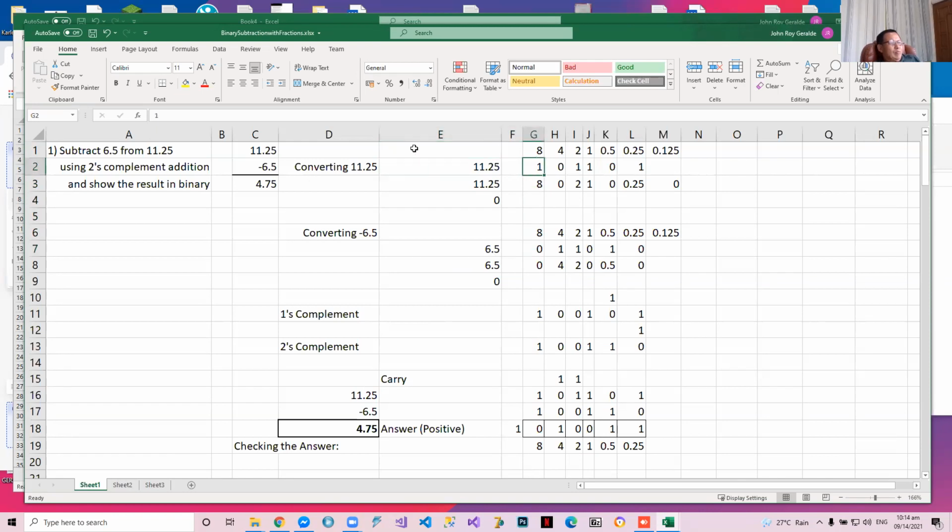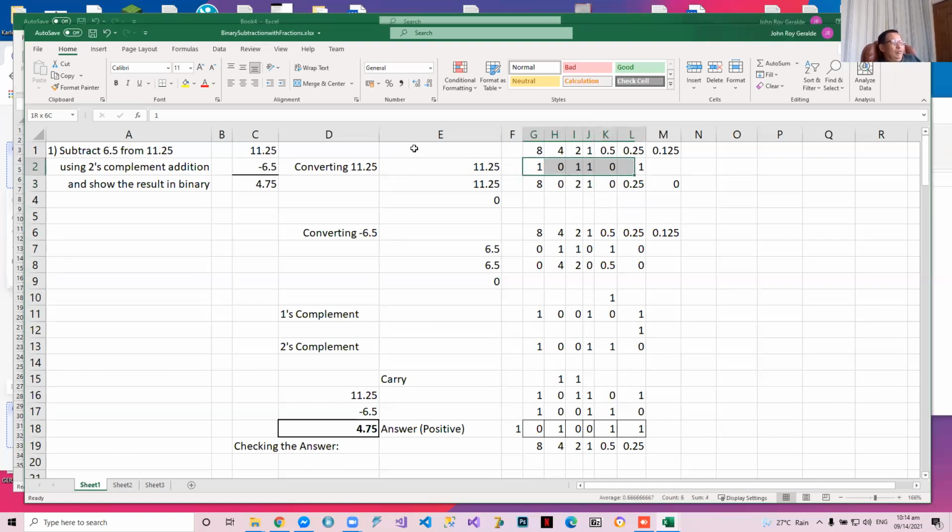And the smallest fraction is 0.25, so we will include 0.25. Although 6.5 only takes 0.5, we consider the bigger number and the smaller fraction. To the left, the bigger number, to the right, the smaller fraction.